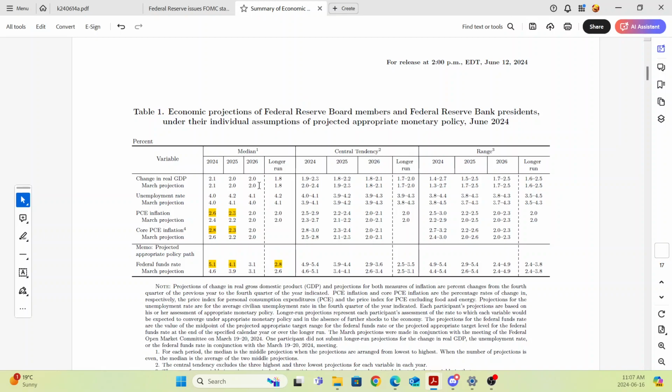Here's the thing: they just went hawkish and said, "Hey, we're not going to decrease the interest rate. We're going to keep it there, and maybe we won't perform more cuts than the market is already trying to price in." The market is currently pricing in two cuts for this year.